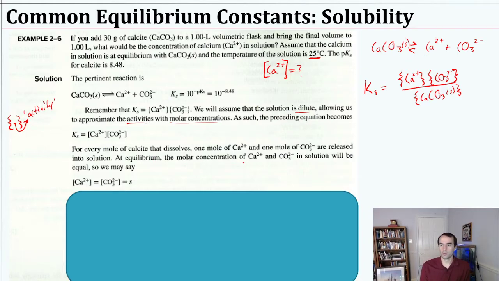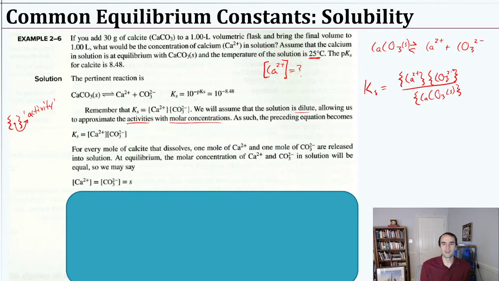Sorry, let me rephrase that. If you read what they say, each one of these you dissolve, you get 1 of both of these, so 1 of each. And so that's where they do the substitution, where they say, for every time you dissolve 1 of these, you're getting 1 and 1. So you're going to end up with the same amount.